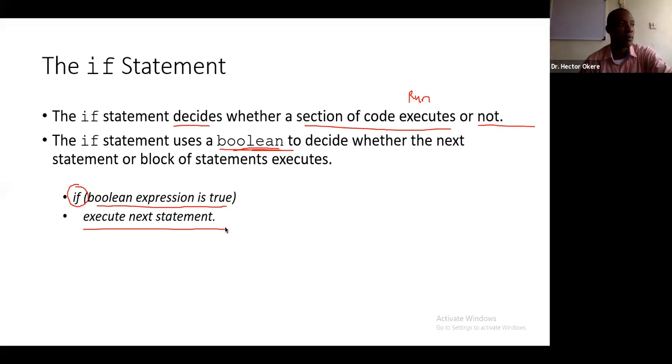Let me give an example. For example, you go to the mall, you see ice cream and you like the ice cream. You ask the price. How much is this ice cream? They say this ice cream is RMB 100.